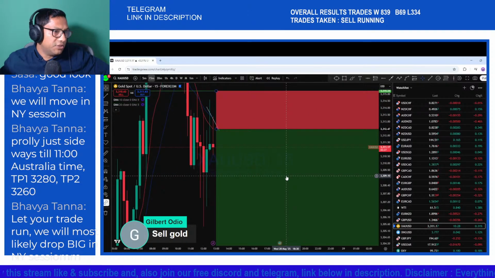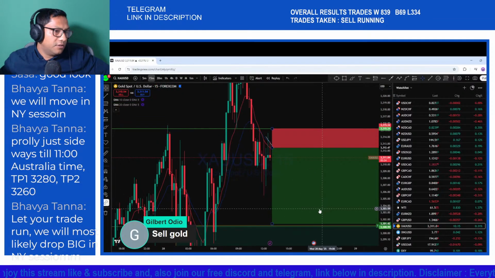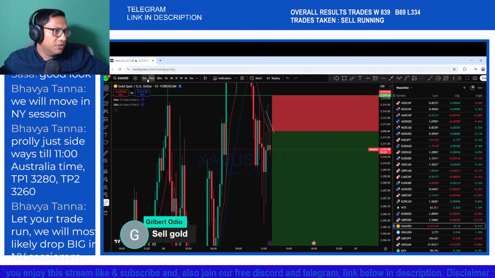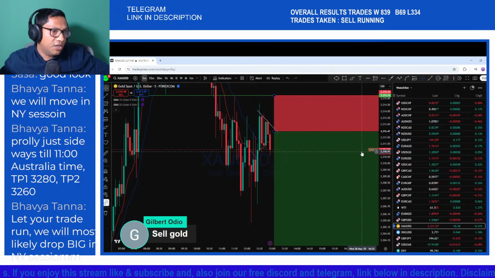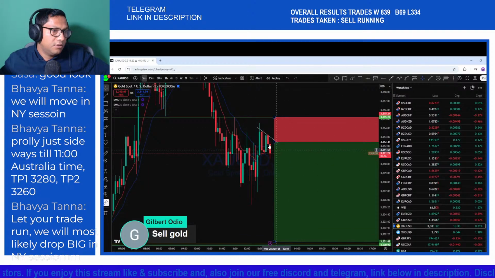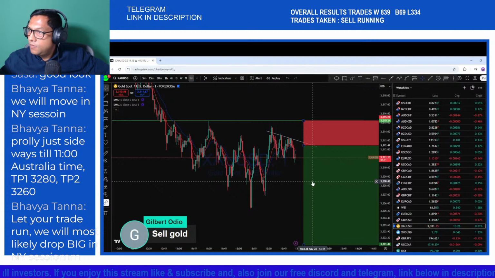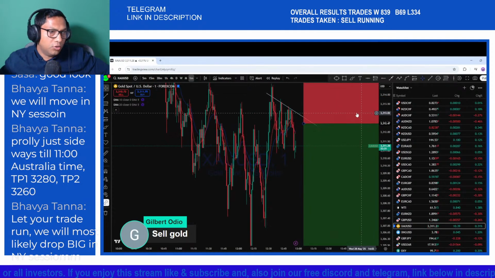This is the 15 minutes price, and we want to see that it's coming back below. This is our main directional bias here. Holding on to that to see.